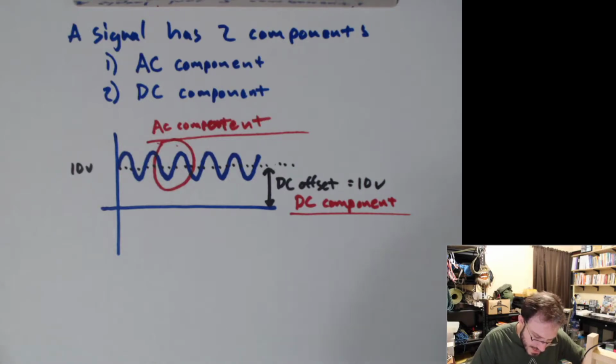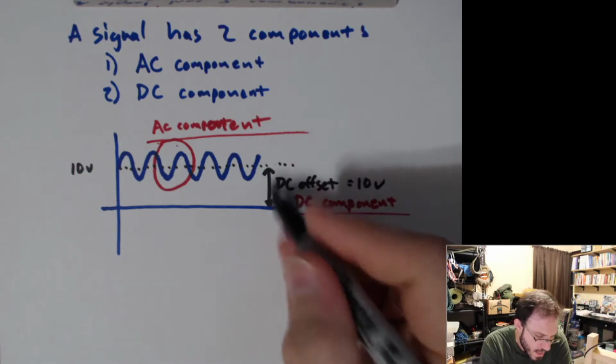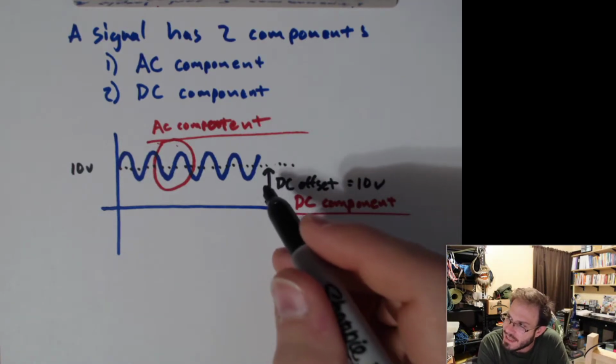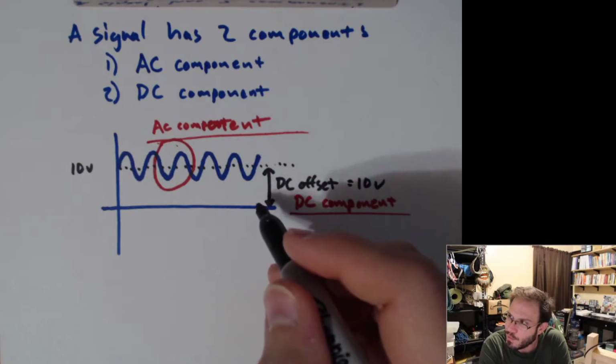Now, our DC offset over here is responsible for placing us somewhere on this load line.